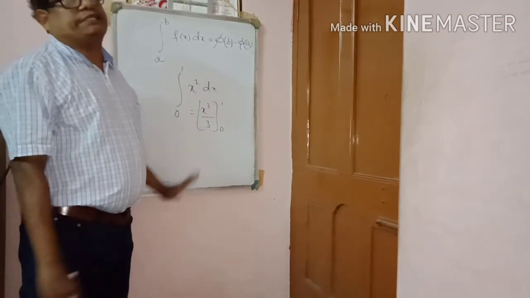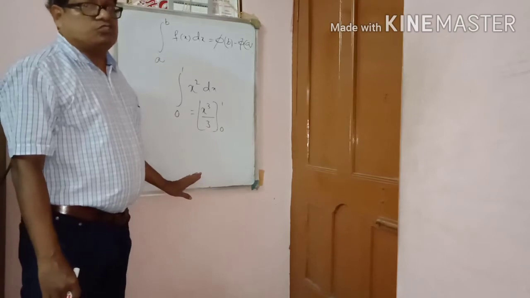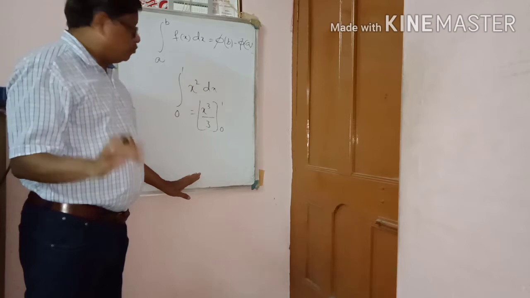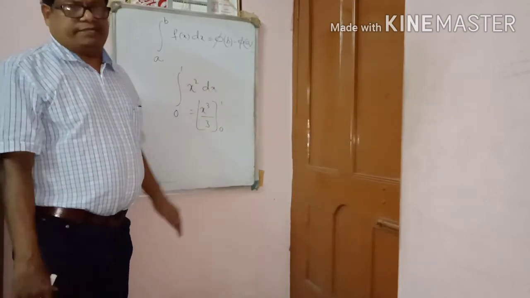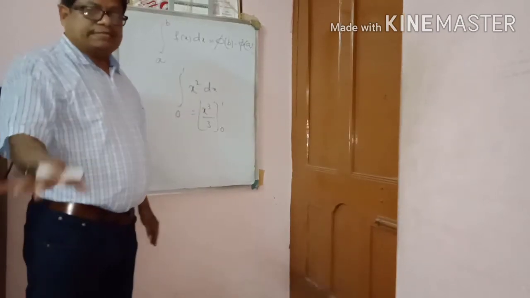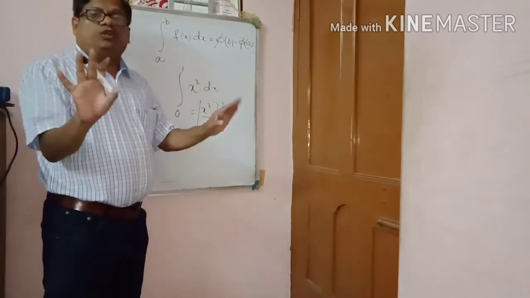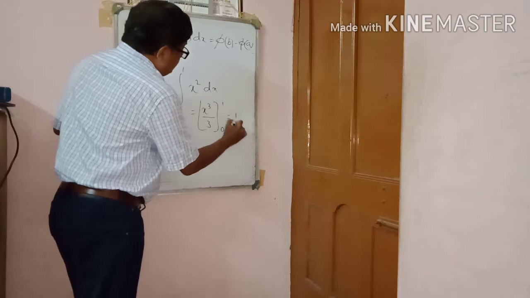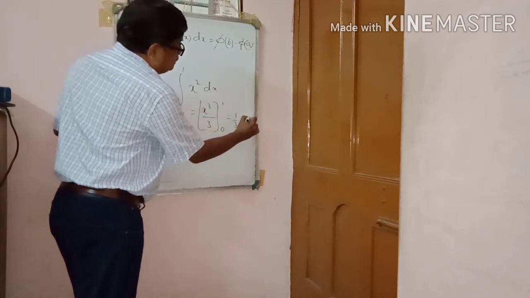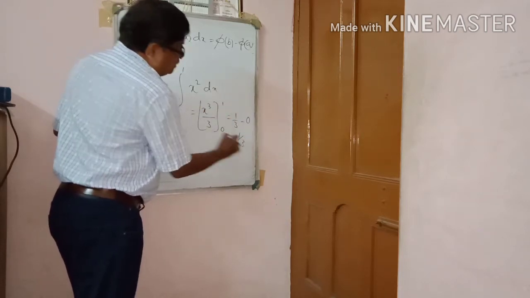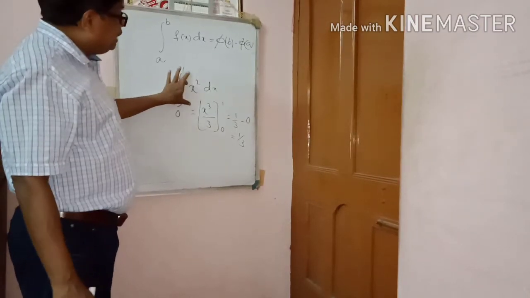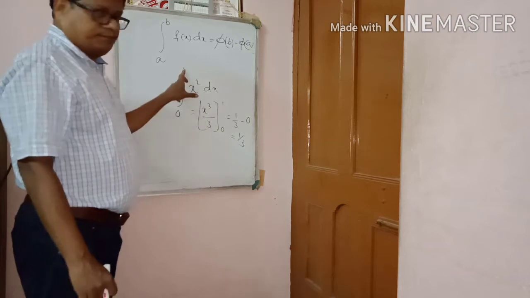Here don't give a constant, understood? Why? The function is bounded, that's why we will not give the constant. So put 1: 1 by 3 minus 0, so 1 by 3. So if you put all the figures, you will get the area 1/3 in between 0 to 1.